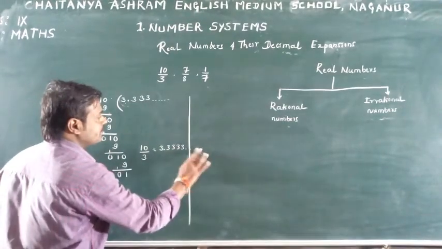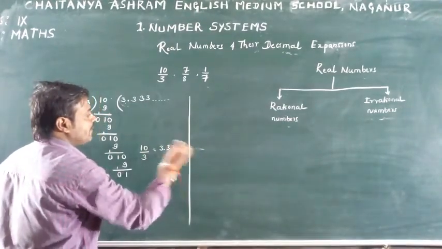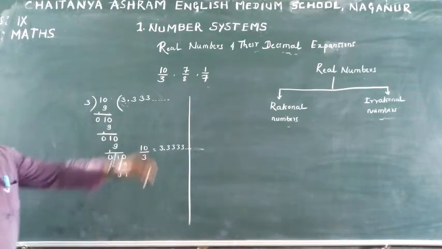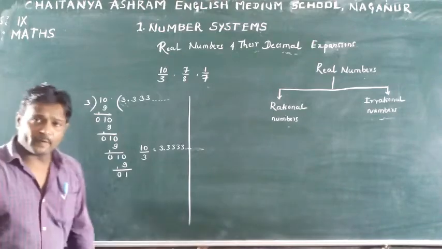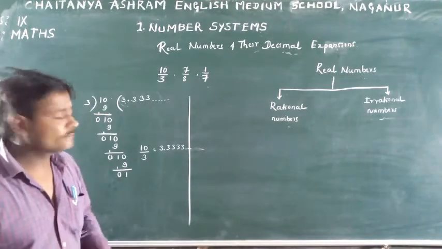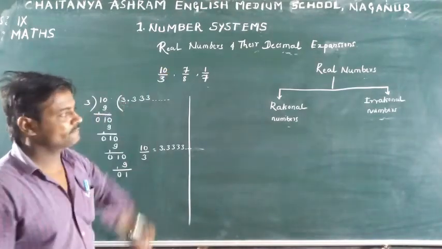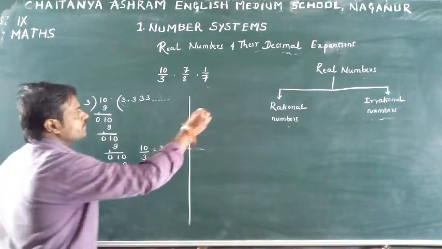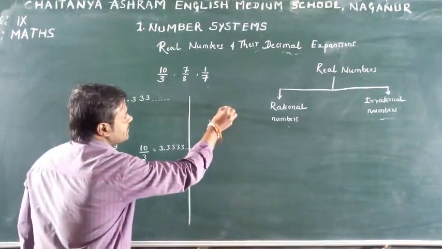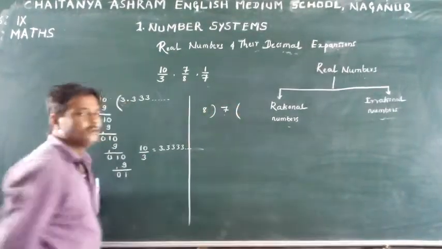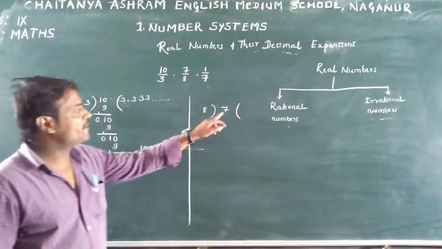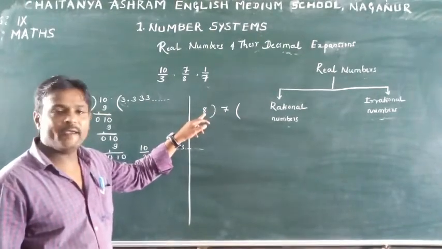Then consider the rational number 7 by 8. To find its decimal expansion, divide 7 by 8. Clearly, 7 is smaller than 8.